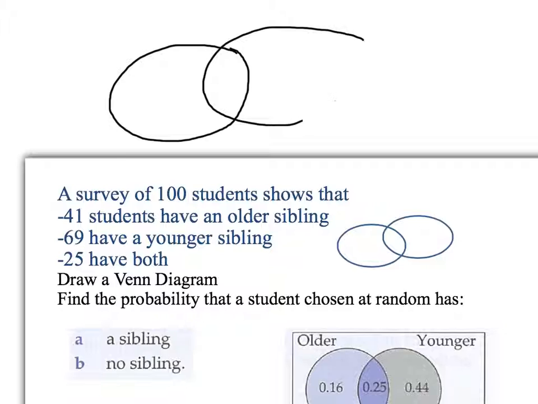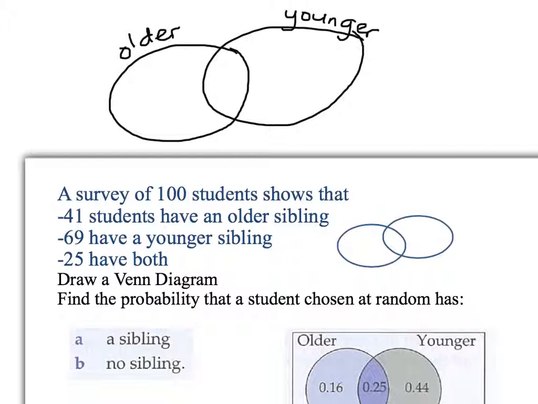It's almost always 2 circles, but if we're talking about things like sports or subjects that students take, it may be 3 or 4 circles. Here we just have 2 circles, one for older siblings and one for younger sisters and brothers or siblings.